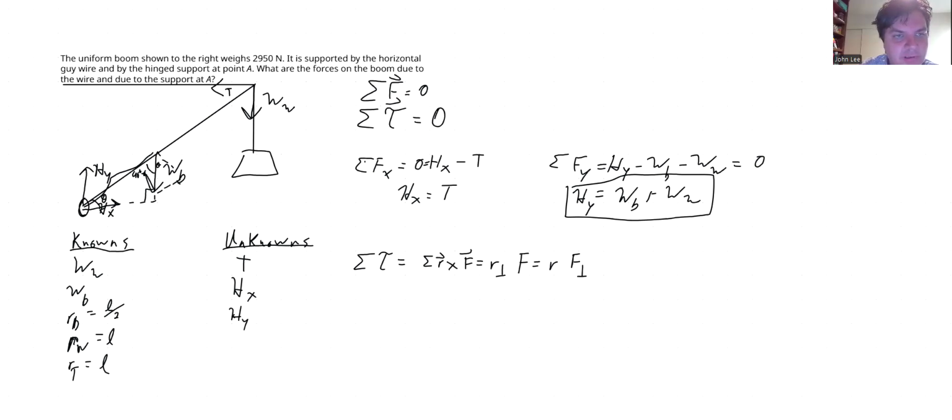Therefore, F perpendicular is equal to weight of the beam cosine of theta. That's also going to be the case over here because they're pointing in the same direction. So F perpendicular here is also going to be weight of the weight cosine of theta.